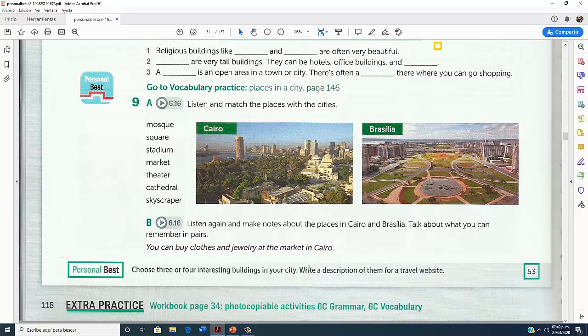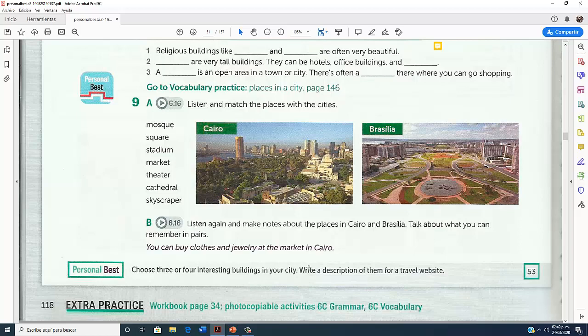In fact, I live in an apartment building, and there's a stadium as well, the San Marcos Stadium. There's a really big stadium. There's a market, there's a clean market as well, and there aren't any skyscrapers here. We don't have skyscrapers in Lima, right? Or do we? Skyscrapers.